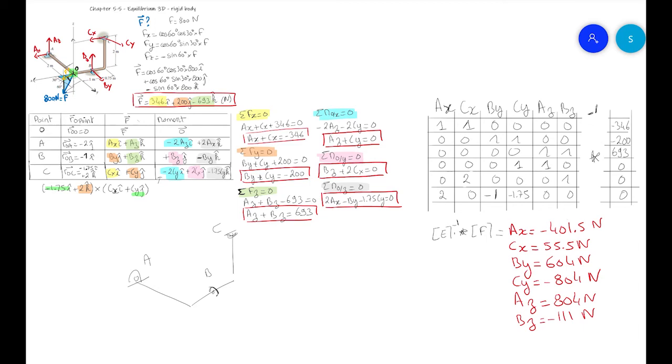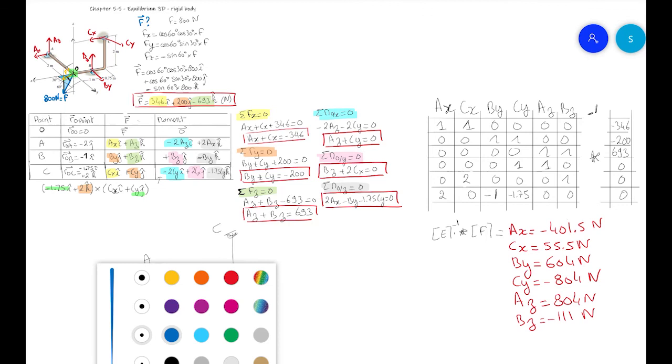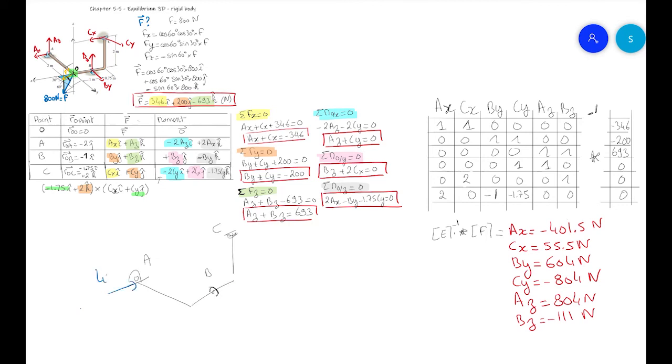So we found the forces. AX is equal to 401, AZ is 55.5, BY is 804, BZ is 111, CX is 55.5, and CY is minus 804, and of course the force F that we have had since the beginning. Here we go, that's what we get.